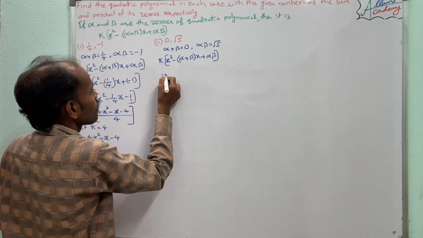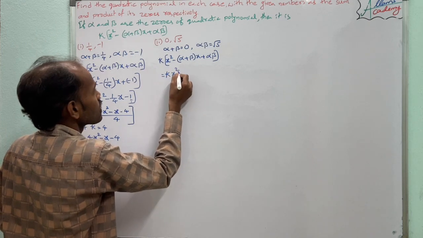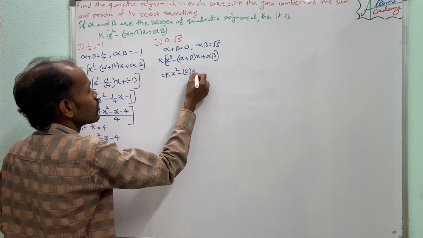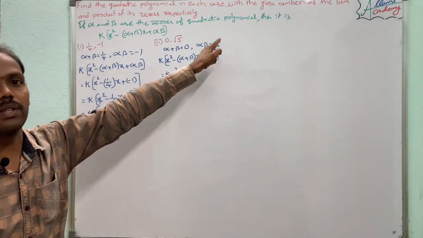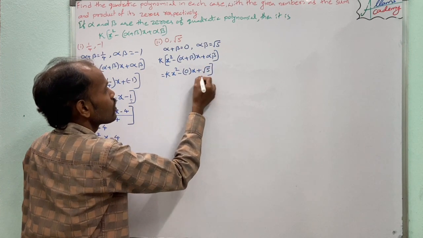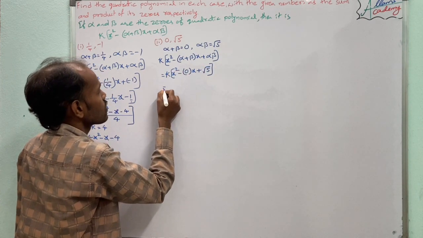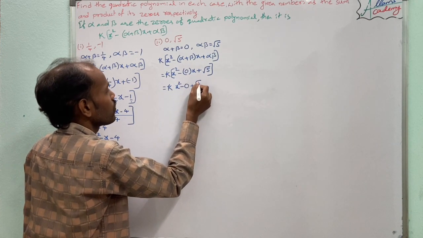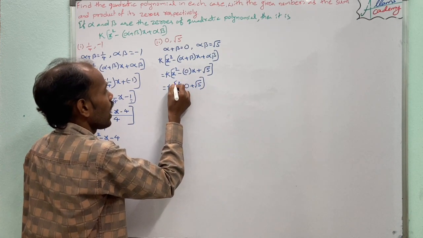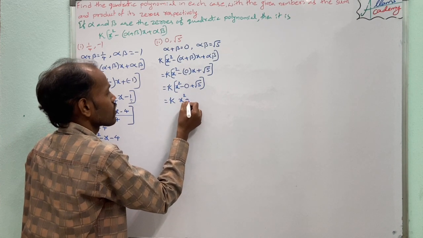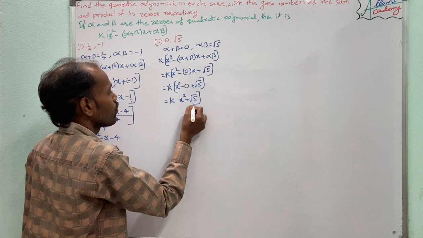So here x square minus half alpha plus beta, that is nothing but 0, 0 into x plus alpha beta, that is root 5. So 0 into x means 0 only, so 0 plus root 5, when we add or subtract 0 to anything, we get that only, so k into x square plus root 5.